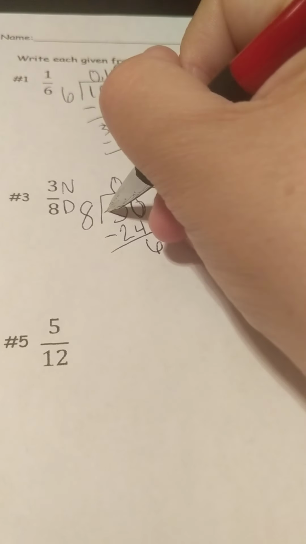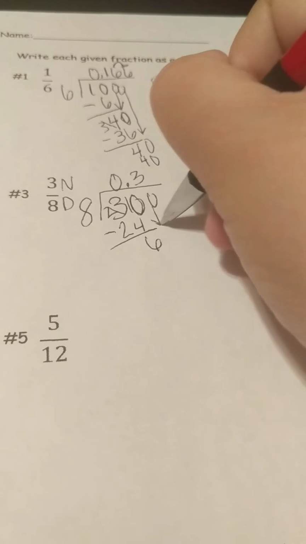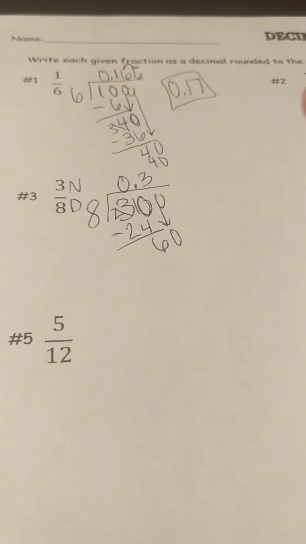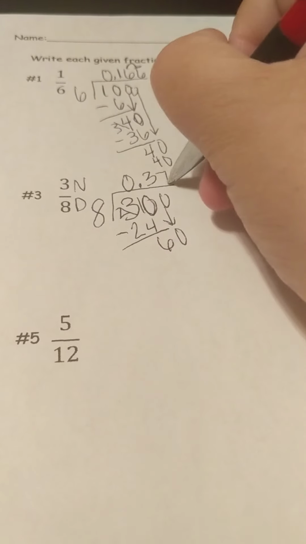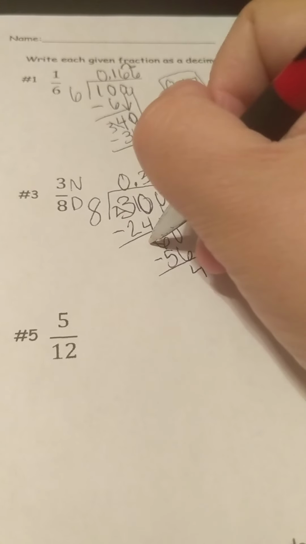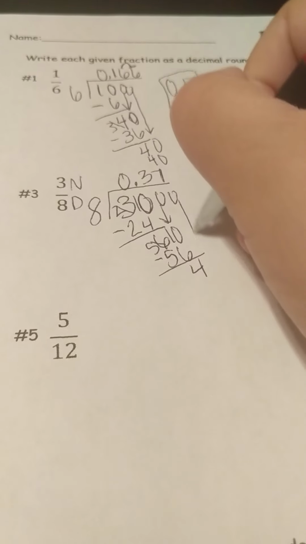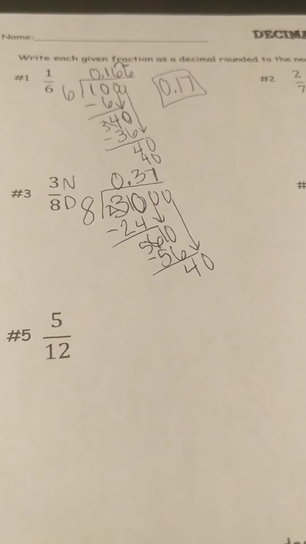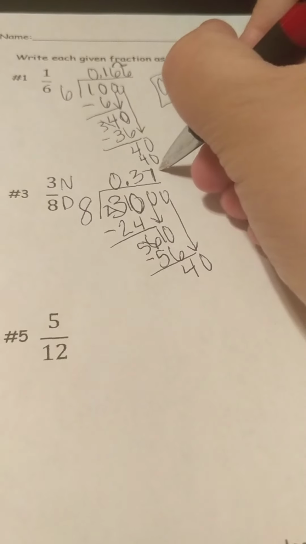Subtract, we get 6. Add a 0. 8 is going to go into 60 7 times, which is 56. And then 8 is going to go into 40 5 times.